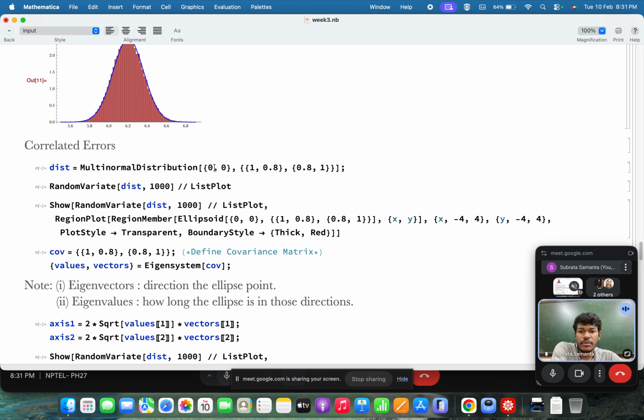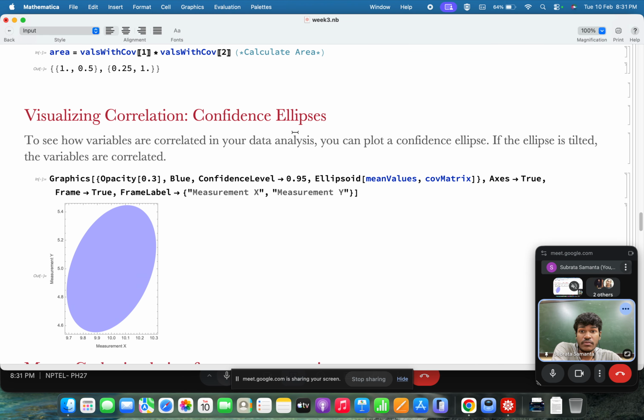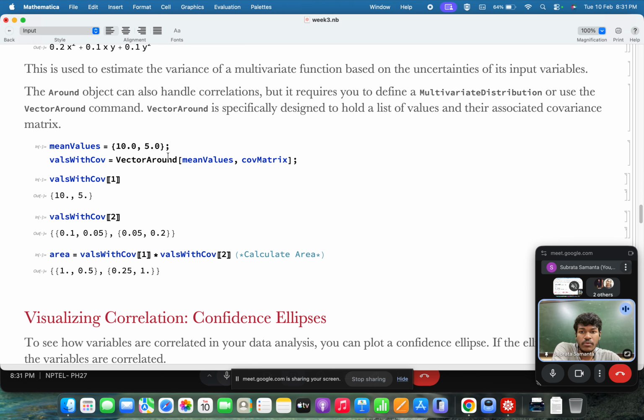So, this is basically 0 0 as the mean, and the error covariance matrix. When I use vector around, these are the mean values and the covariance matrix.